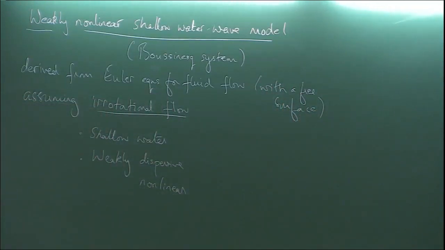Right, so imagine a thin layer of fluid with a free surface, and what you want to describe is how does the height change, and what is the average, vertically averaged horizontal velocity. Right, so there's just one horizontal velocity, and you look at the vertical average of that.